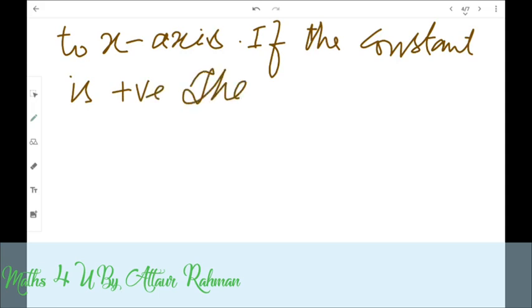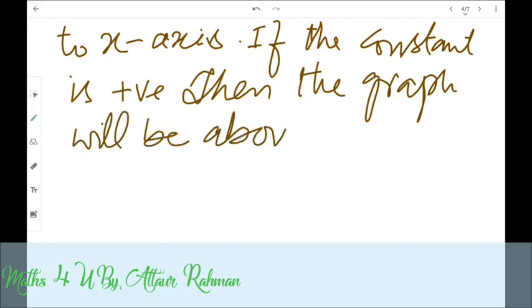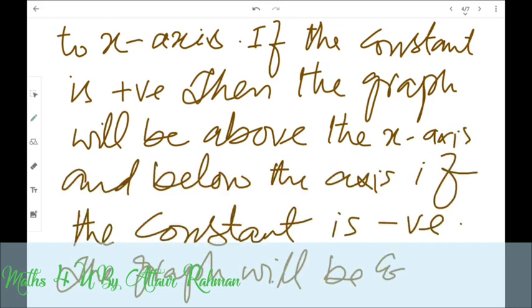There is another graph of this constant function, that is, it will coincide with the x-axis if the constant involved is 0. So there are three graphs of this constant function, that is, it will be either above the x-axis, below the x-axis, or coincide with the x-axis.